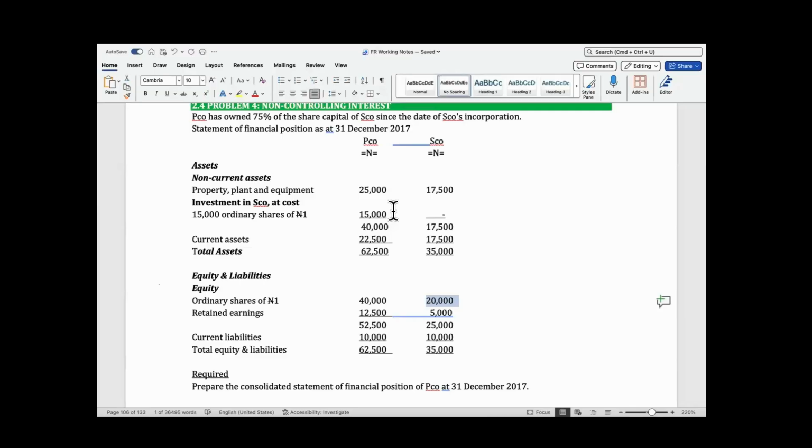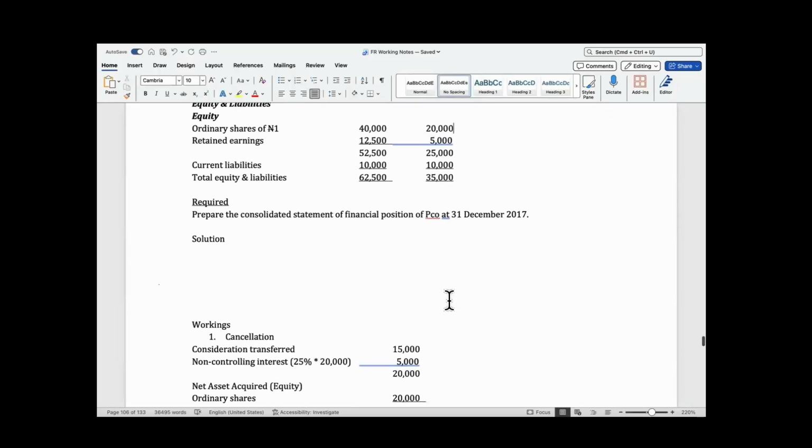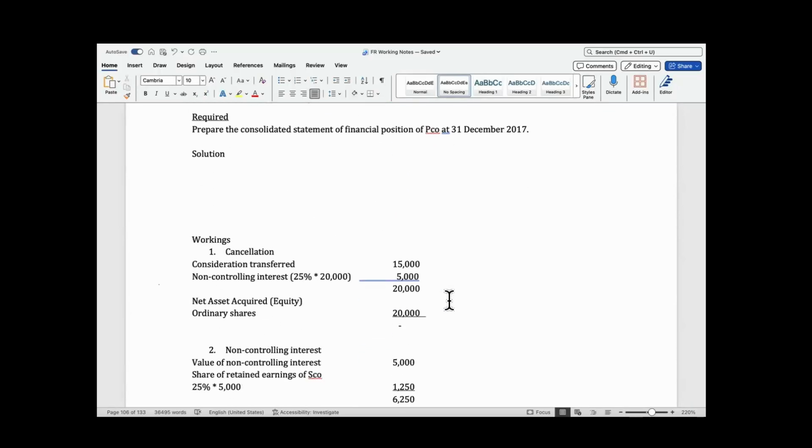So you can see a question that will test your knowledge about how the parent can measure NCI. The common way is proportionate share, which is what we have done here, just to get it as the balance after taking out what we cancel out, or you can decide to fair value it. We are going to look at that other scenario, and those are the only two options. And this is how I solved that problem.